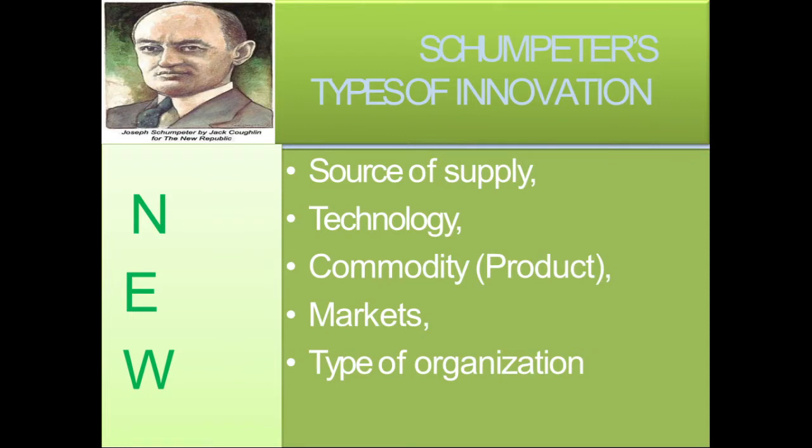So these are Schumpeter's types of innovation. Innovation can be because of a new source of supply. It can be a new technology, a new commodity or product, new markets, or a new type of organization.